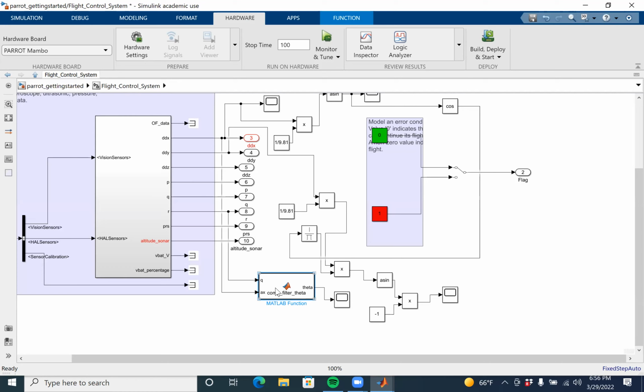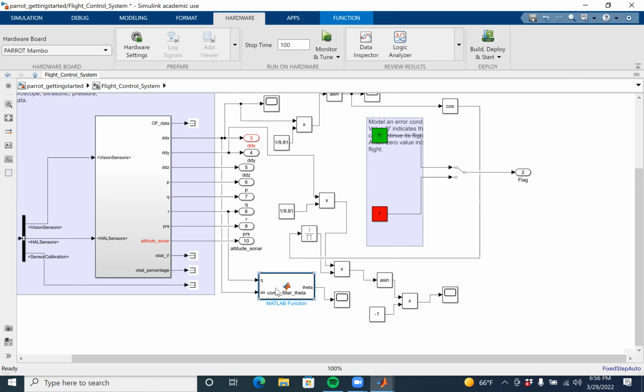What is the equation for roll? A sine of AY divided by 9.81 multiplied by cos theta.